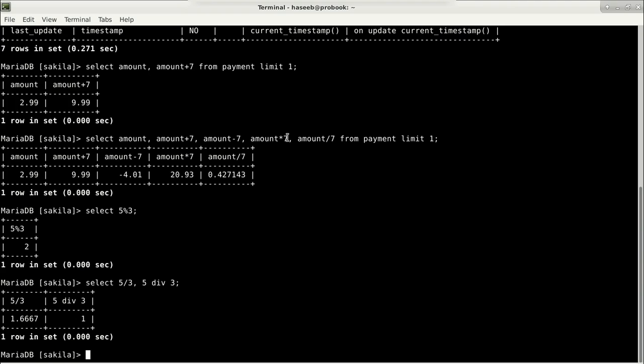Normal division means it does the division and prints the answer, but 5 div 3 will only print the integer part of the answer. It will discard the decimal part if the answer has a decimal part. So in our case, the decimal part was 0.667. It was discarded, and only the integer part, which is 1, was displayed while using the div operator.